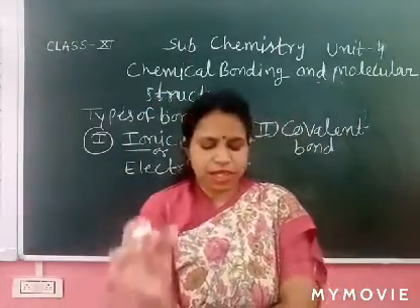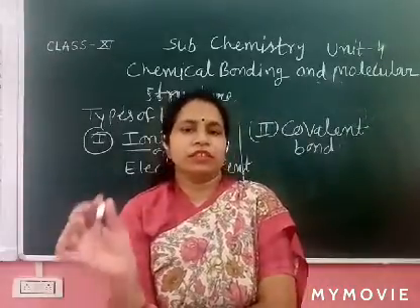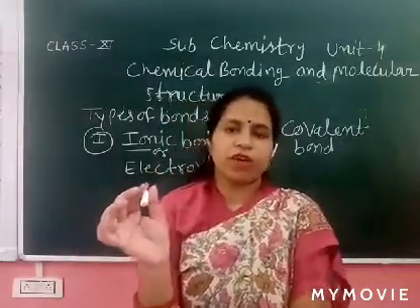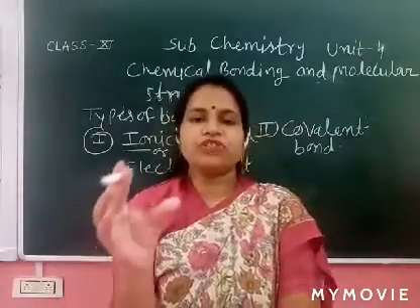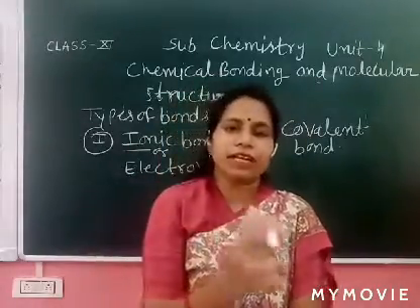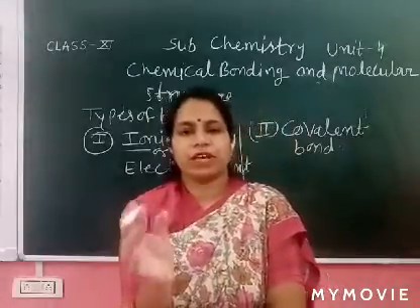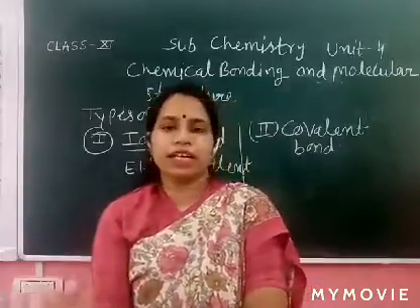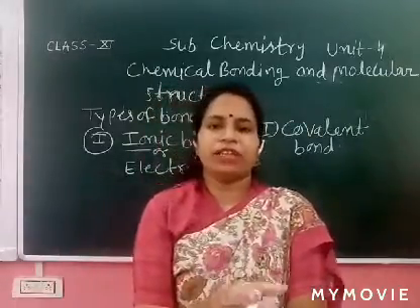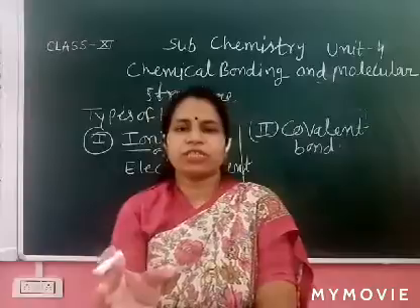oppositely charged ions together. Now it's clear what the ionic bond is. An ionic bond is an electrostatic bond formed by the complete transference of the electron from one atom to another atom, and they acquire the octet in the outermost shell.